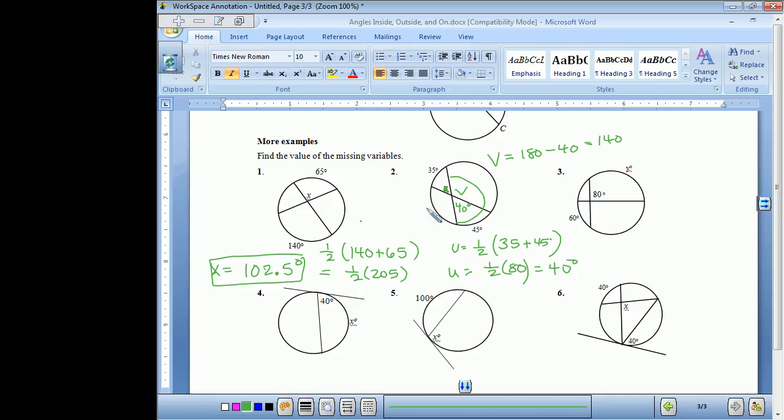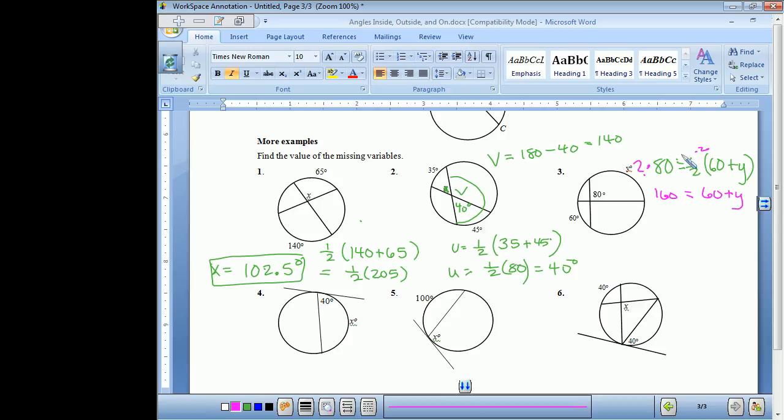Does that make sense to everyone? All right, cool. All right, this one. I like this one because it's a little different. 80 is half of the sum. Or we could say, if we multiply both sides by 2, if we double 80, it's equal to the sum of the 2.